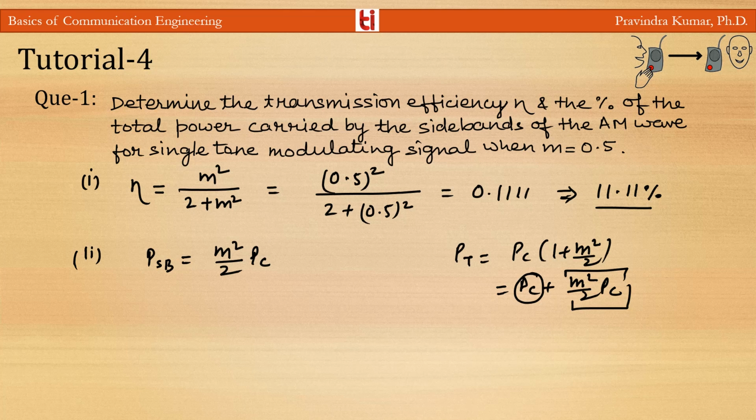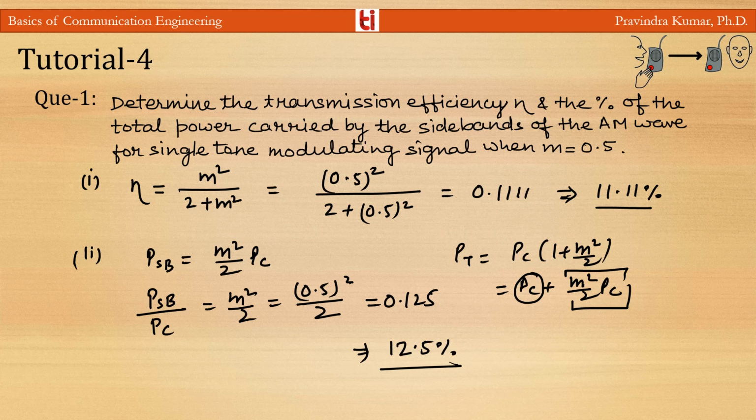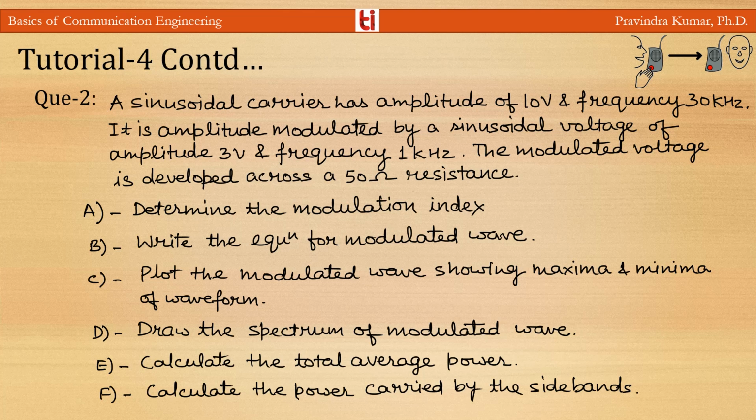So I can write PSB, sideband power by Pc, is m square by 2, or 0.5 squared by 2, which is 0.125. So the sideband power in percentage is 12.5%.